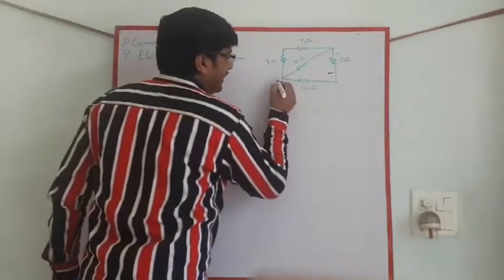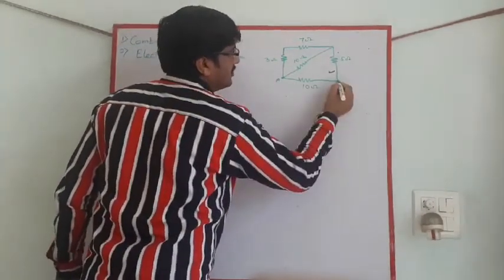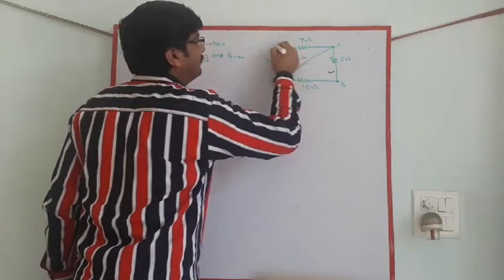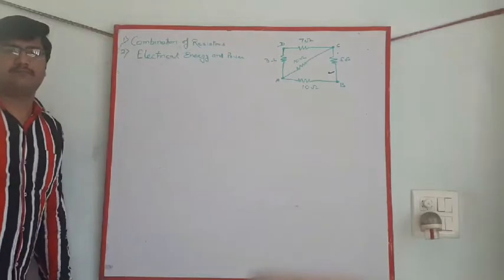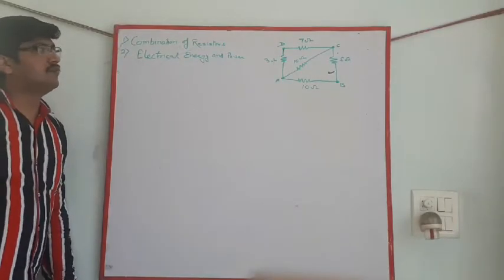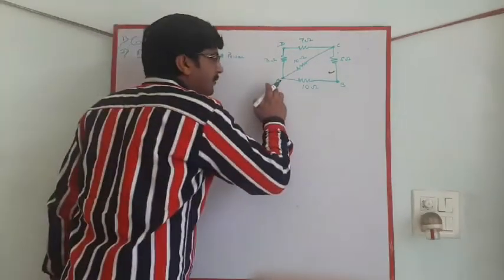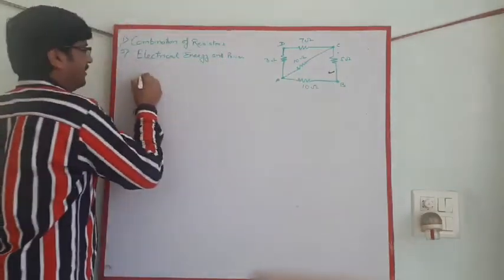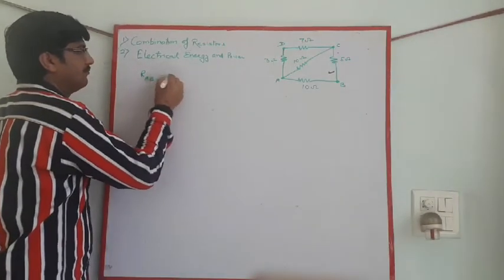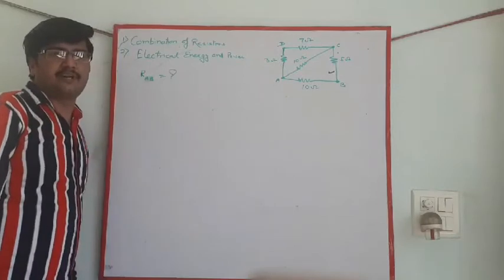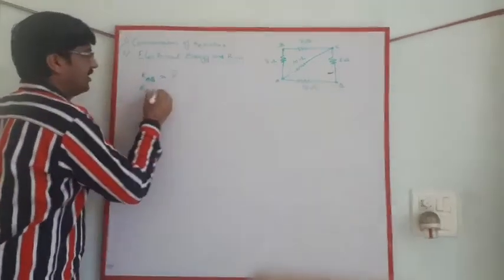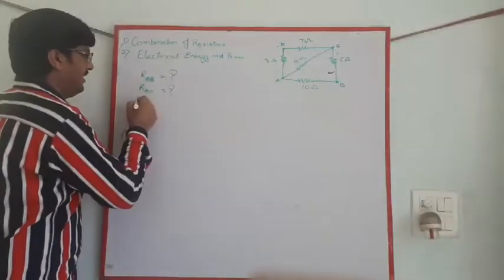This terminal is A, this terminal is B, this terminal is C, this terminal is D. This question was once asked in IIT also: find the equivalent resistance between terminal A and B. R equivalent, or I can write AB. In the given network, find the resistance between terminals AB, AC and AD.